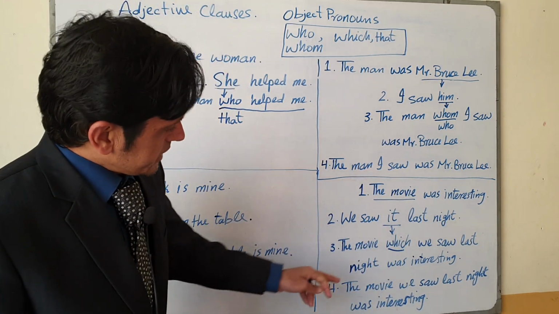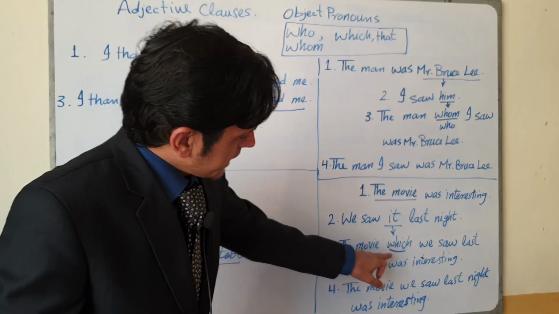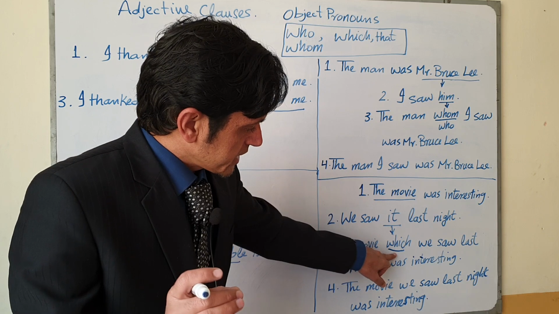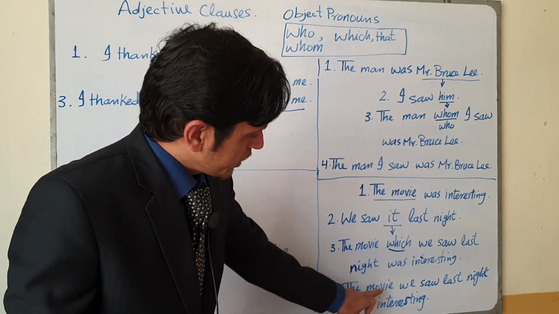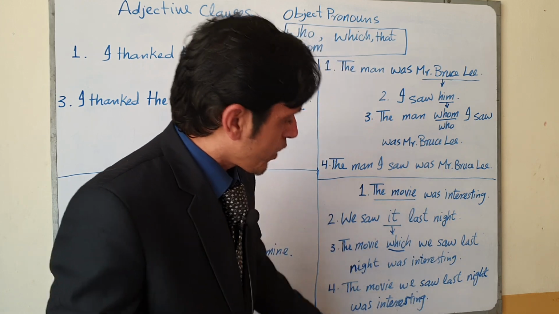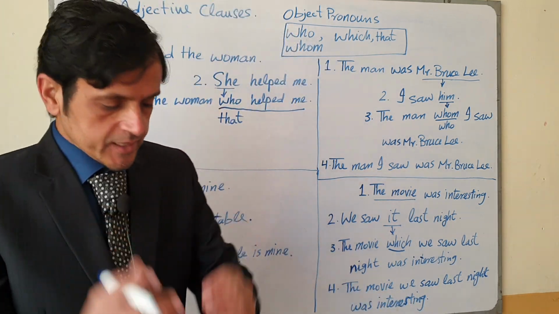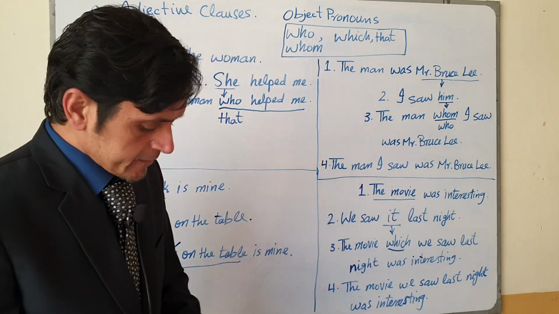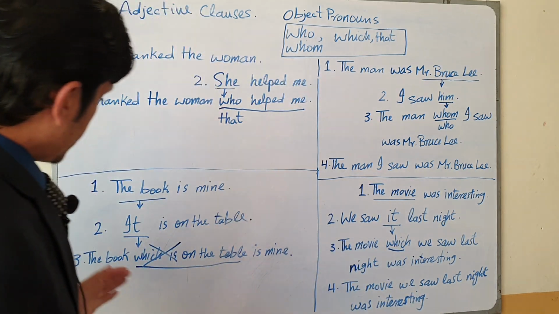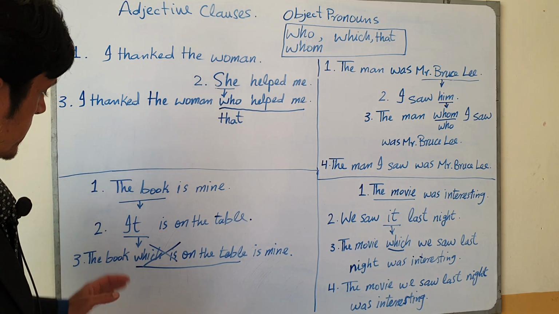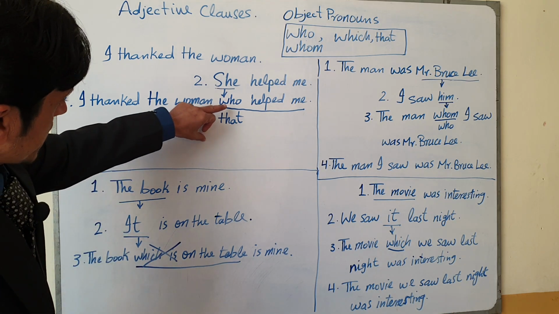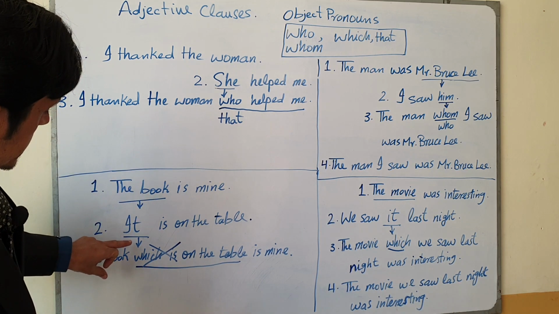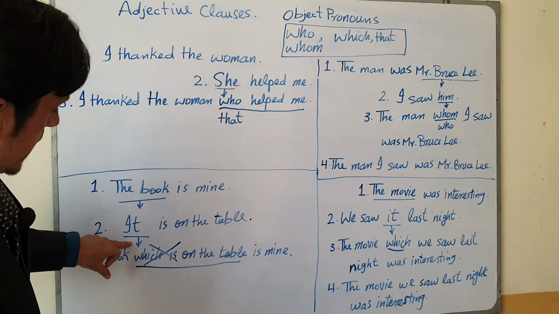So it is in objective case. So what is the logic? The logic is we can omit here this which, and we can write a structure like this: the movie we saw last night was interesting. And in this case we can reduce this structure. Okay, and now here you will be a little bit confused that here it is used in the subjective case, we cannot remove it, but here we can remove, we can omit this one.